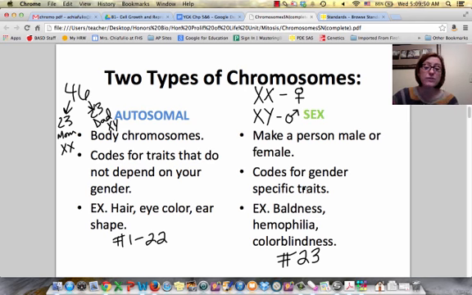And these are going to code for some gender-specific traits. Some of them are really not related to your gender, but they're just found on this chromosome. Like, for example, hemophilia is found on the X chromosome. And hemophilia is a disease in which the blood is not able to clot properly, and so you don't form scabs the proper way.